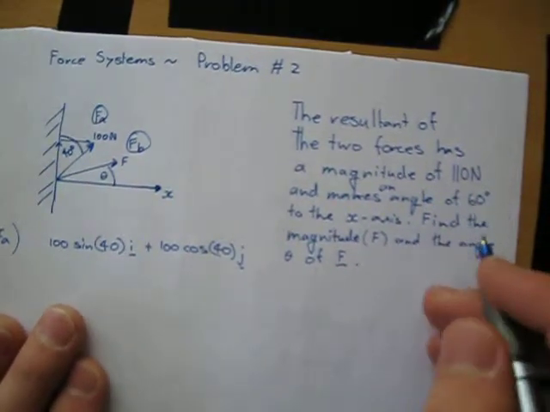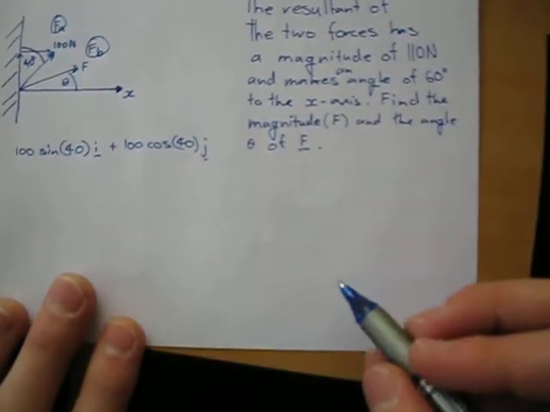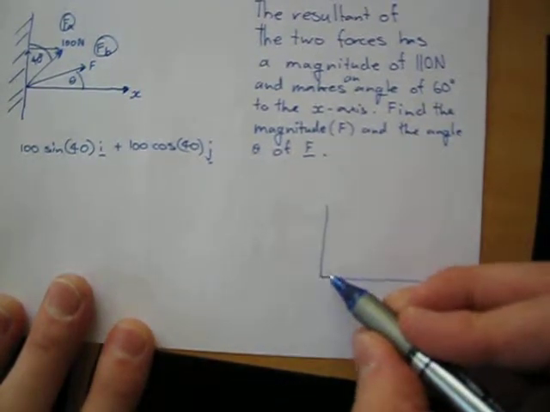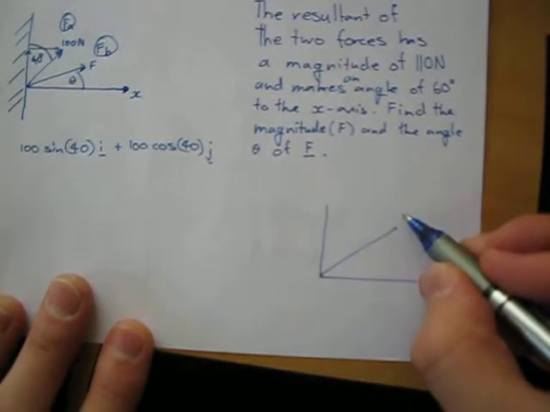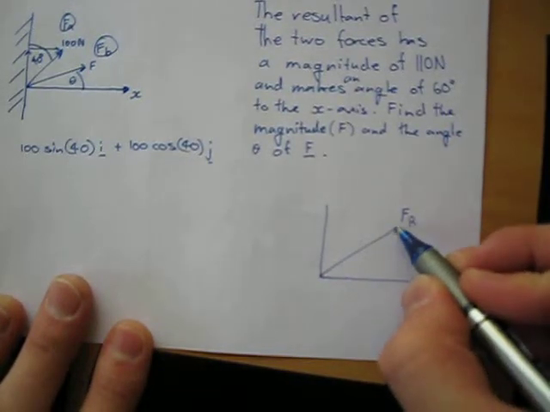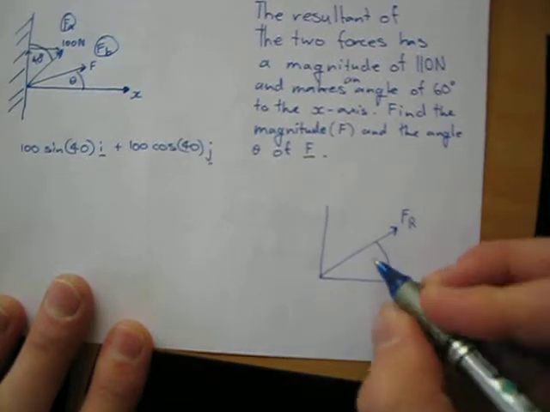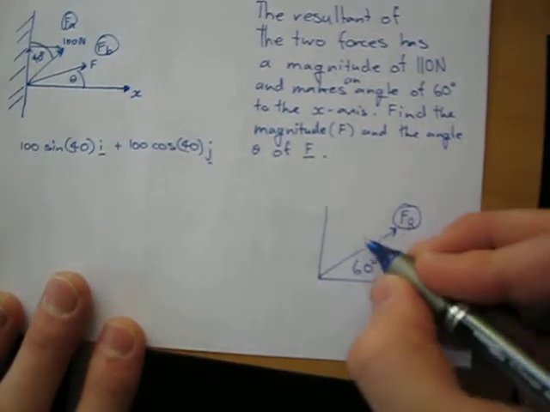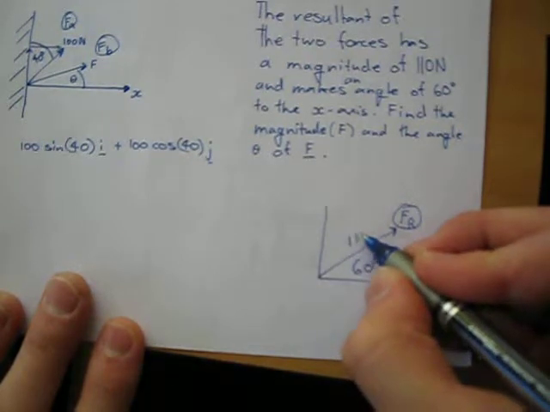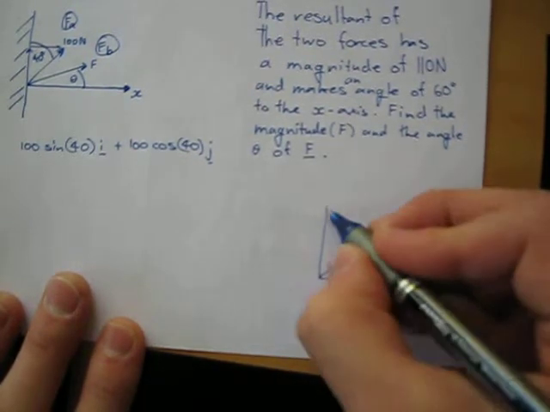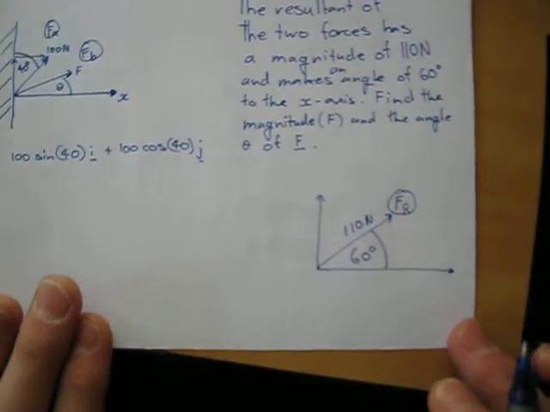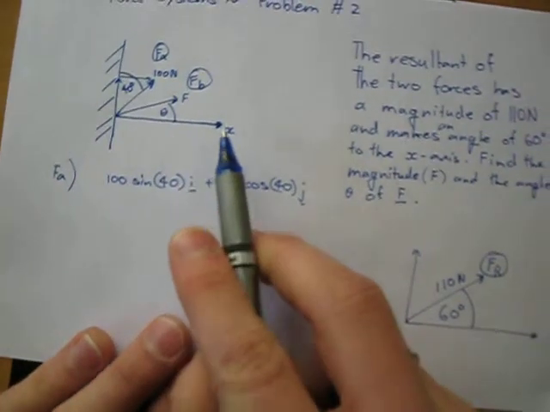So if we just draw down here another little diagram and we say that this is the force resultant of both of them and it has an angle of 60 degrees and it's of magnitude 110 newtons. Okay, what you might be confused about is an X here.